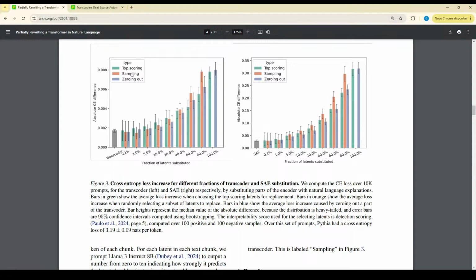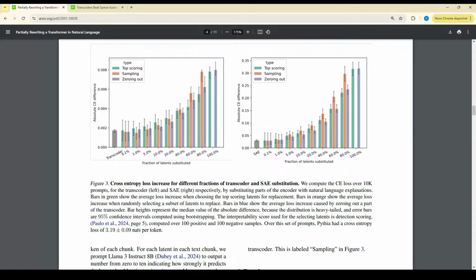That's not what sampling means. So sampling, you're still trying to correctly predict if the activation is right or wrong. It's just that you're not selecting the best explanations. Some of these latents have bad explanations, and you're still trying to explain them.